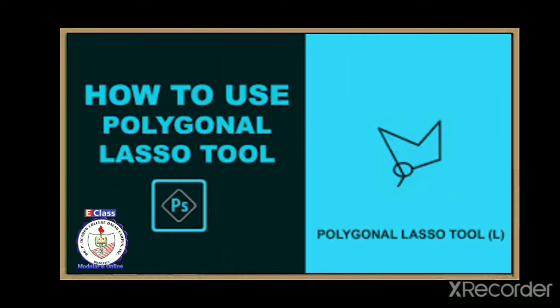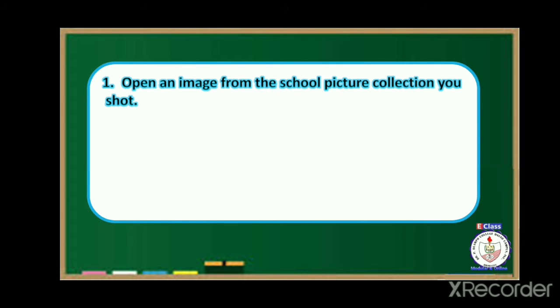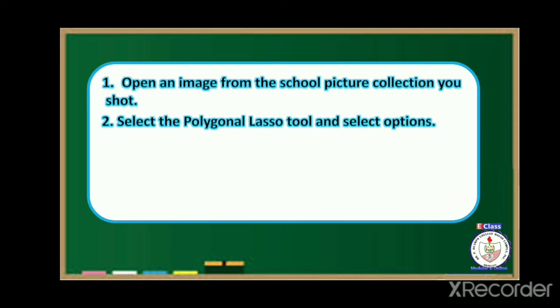And how do you use the polygonal lasso tool? One, open an image from the school picture collection. Two, select the polygonal lasso tool and select options.